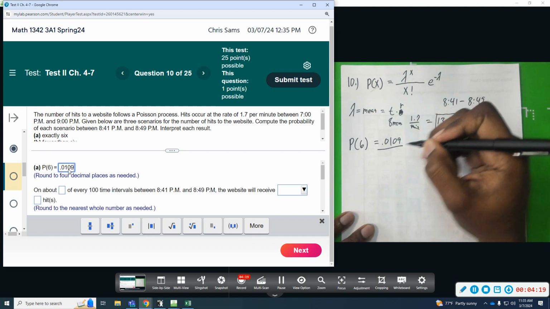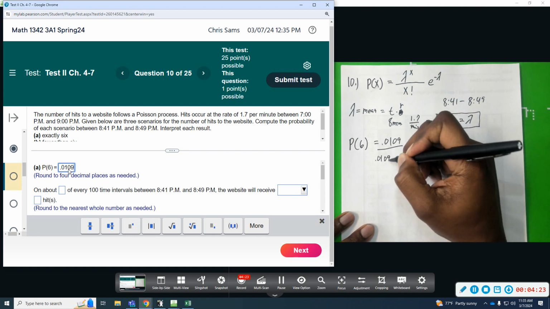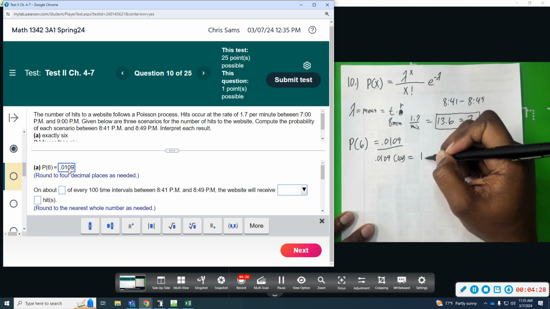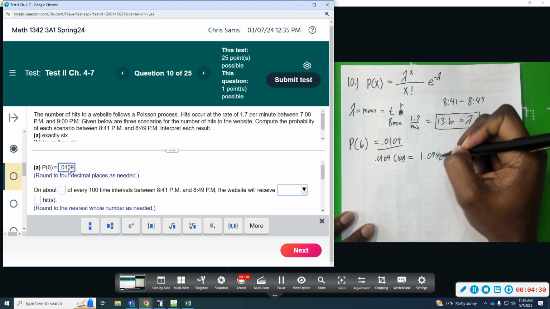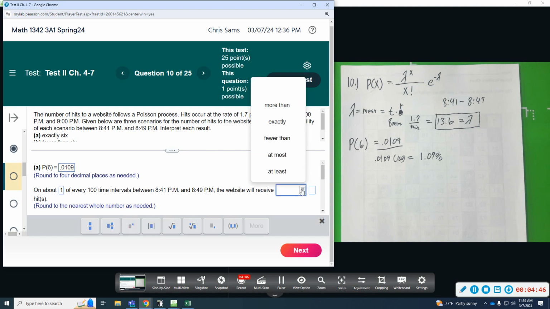If you multiply that times 100, because we're talking about 100 times, you get the exact percentage, which is 1.09%. Now it says round to a whole number. So this means 1. So basically 1 out of every 100 intervals, 8 minutes long right here, the website will receive exactly, because we want exactly 6 hits.